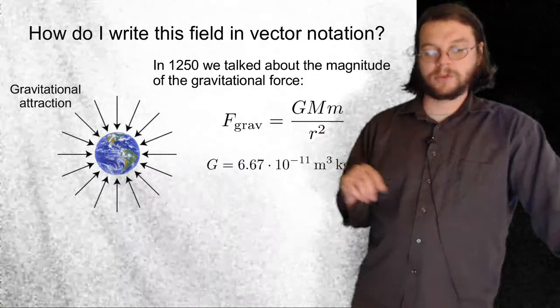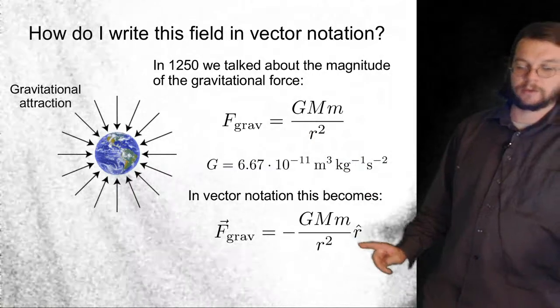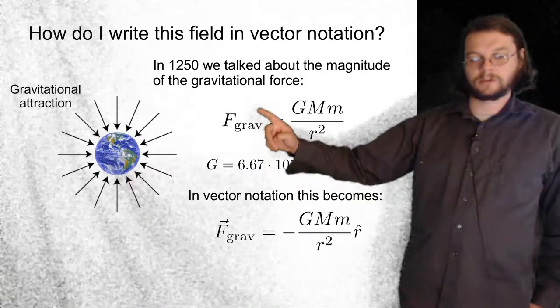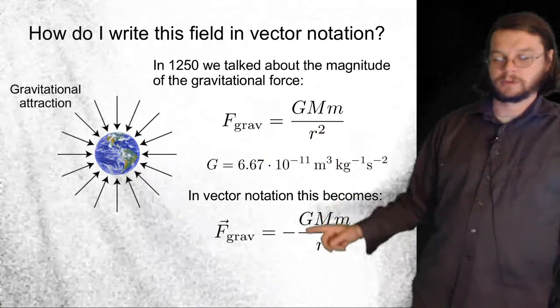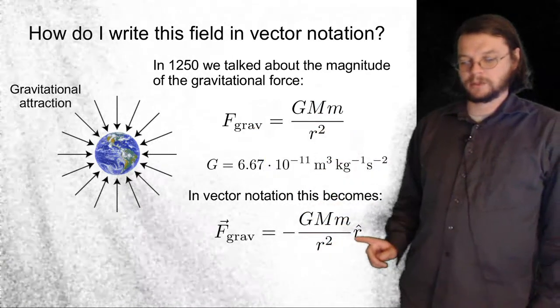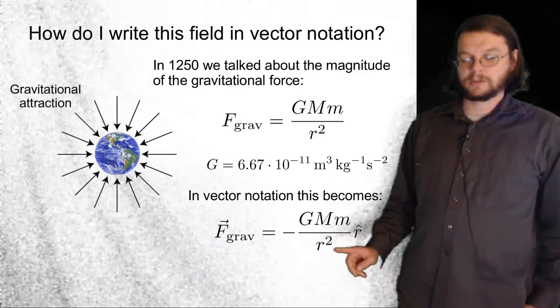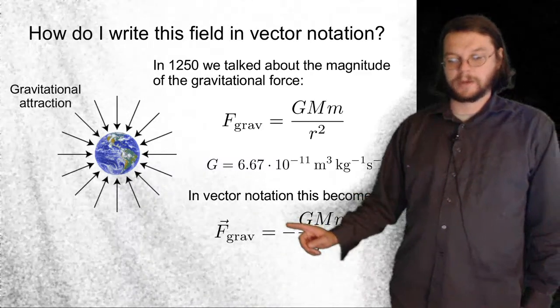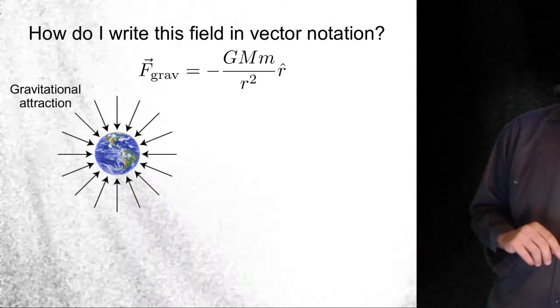If I was going to write this as a vector, I would write it like this. You notice there's an arrow here now on the force of gravity. We have all this same stuff, and this crazy thing, which we'll talk about in the next slide, called r hat. We still have the distance squared. We also have a minus sign, which we'll talk about in the next slide.